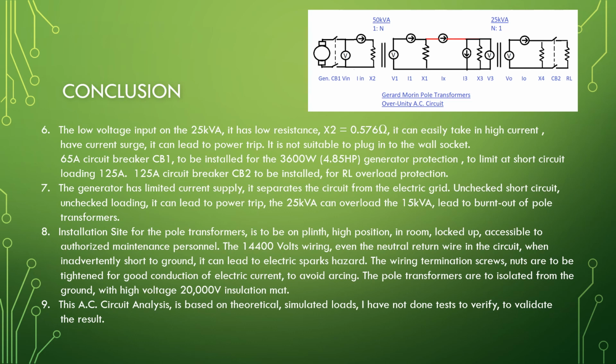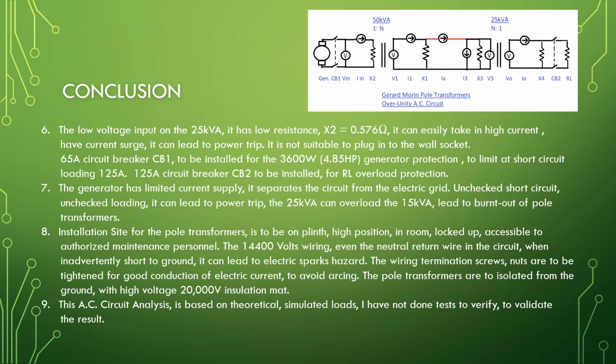The generator has limited current supply. It separates the circuit from the electric grid. Unchecked short circuit, unchecked loading, it can lead to power trip. The 25 kVA can overload the 15 kVA, lead to burnout of pole transformers.